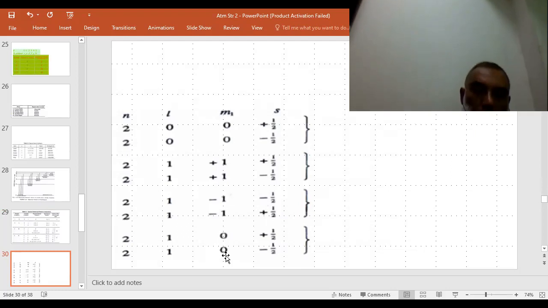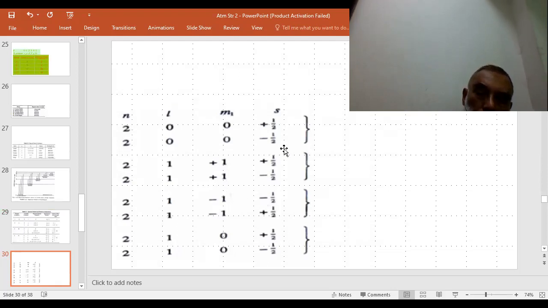That is, principal quantum number is 2. It may have L equal to 0, and L equal to 1 for the 6 electrons, and magnetic quantum number like this.